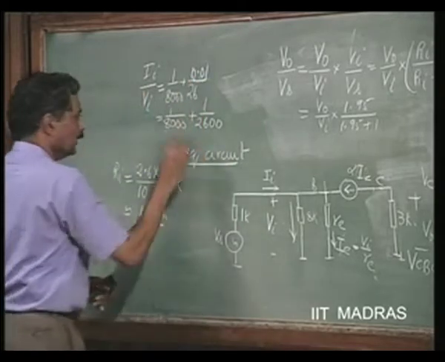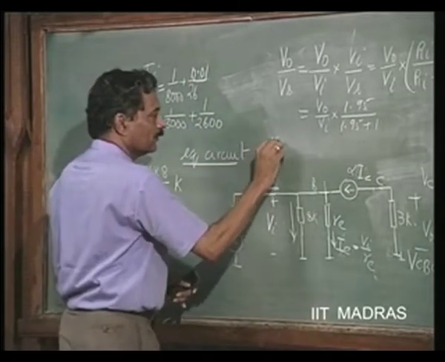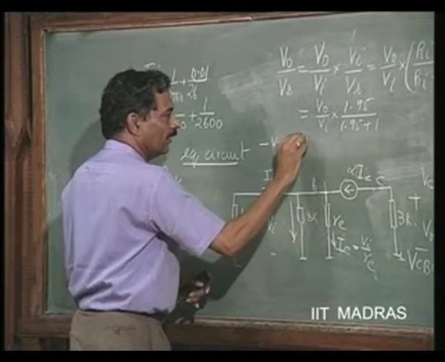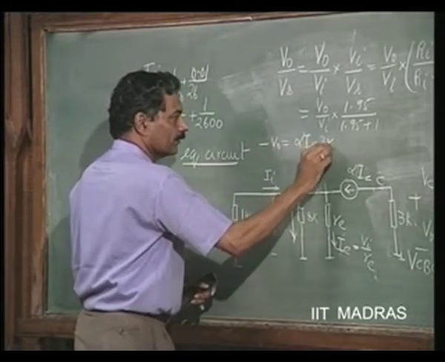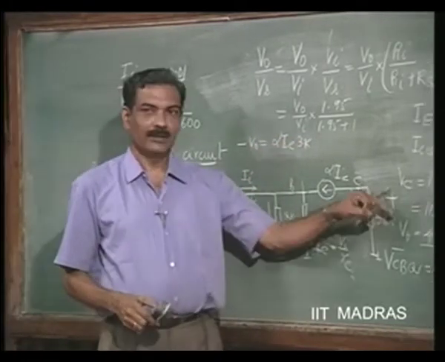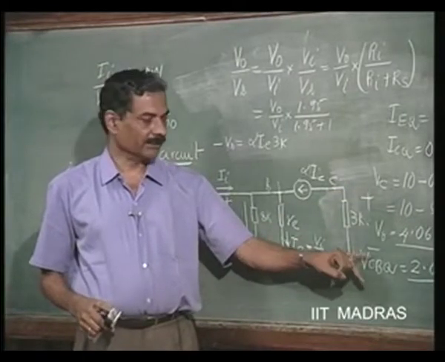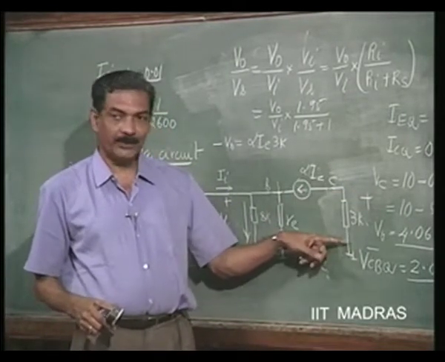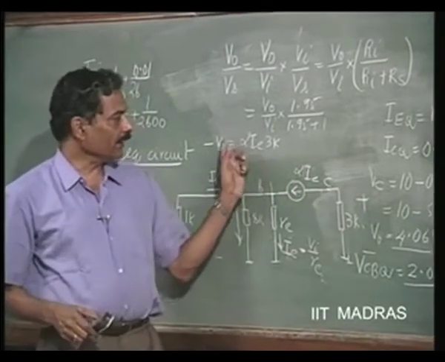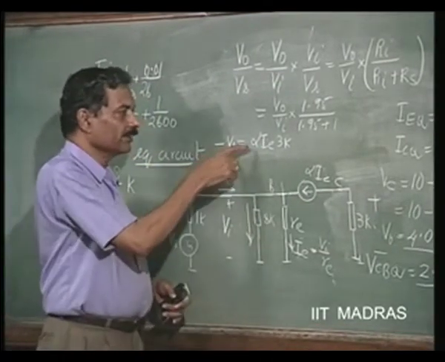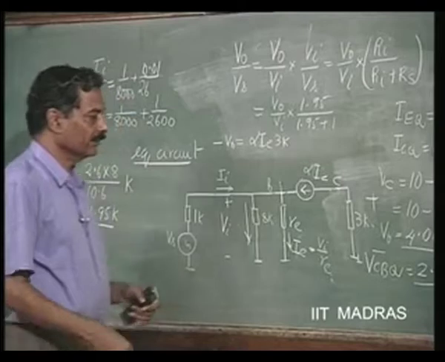So minus V naught is equal to alpha IE into 3K. Is that clear? This is assumed as plus and this as minus. So alpha IE will produce plus here and minus here. So minus V naught is equal to alpha IE into 3K.